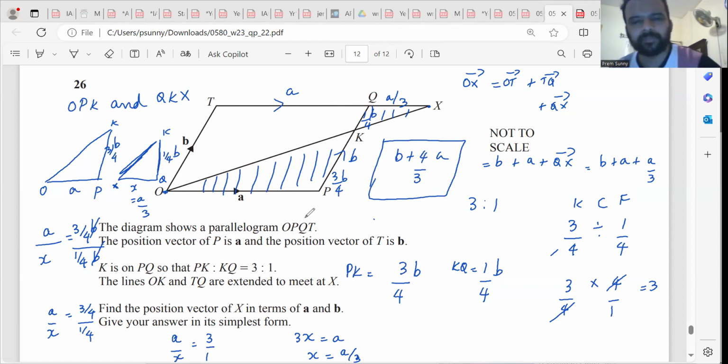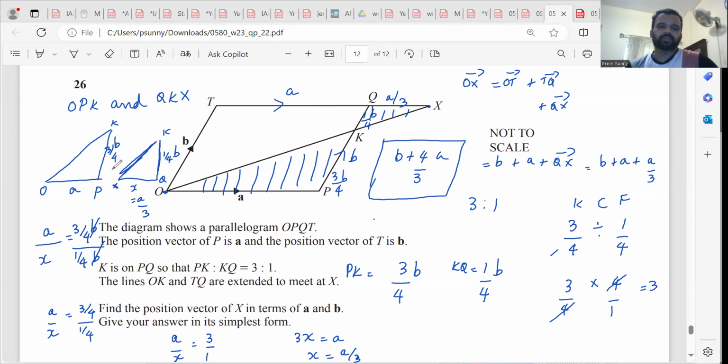What we did here was, we did not have QX to find the position vector OX. So the best possible route is OT plus TQ plus QX. OT we already have as B, TQ we already have as A, but QX we didn't know. So we took similar triangles OPK and QKX and used the property of similar triangles.